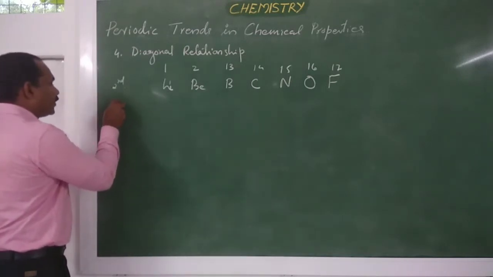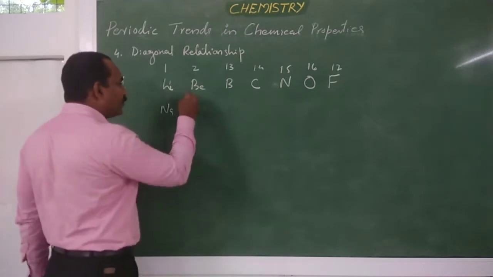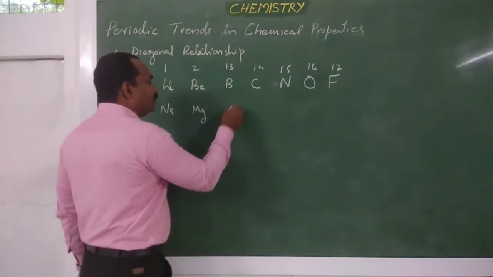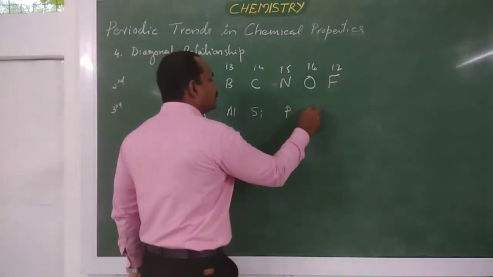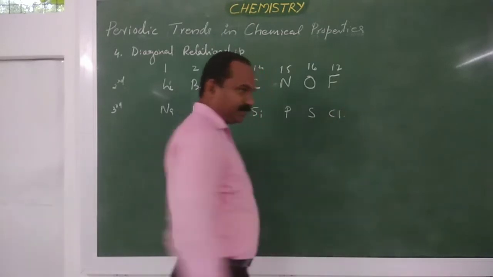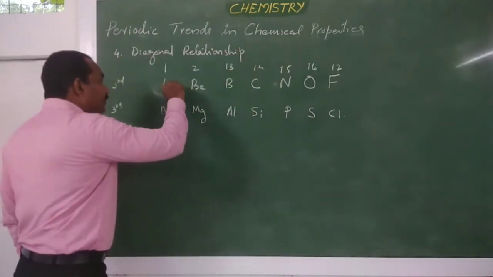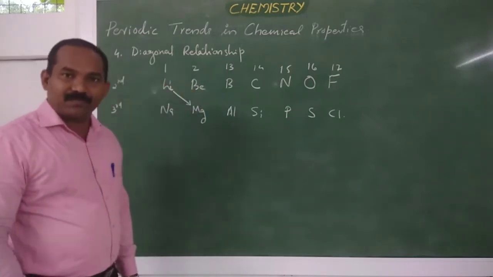And in the third period, the elements are sodium, magnesium, aluminum, then silicon, phosphorus, sulfur, chlorine. The property of lithium is similar to that of magnesium.